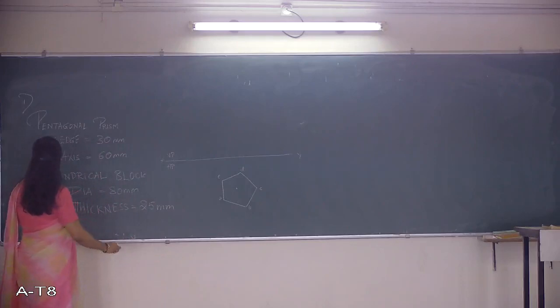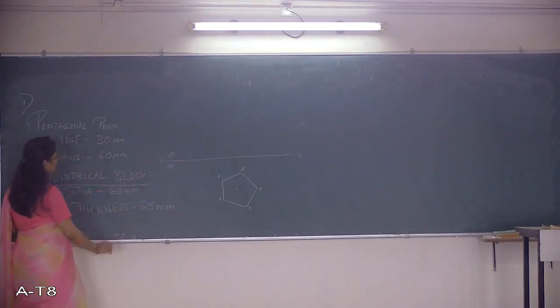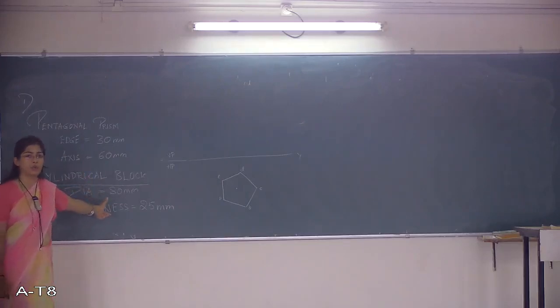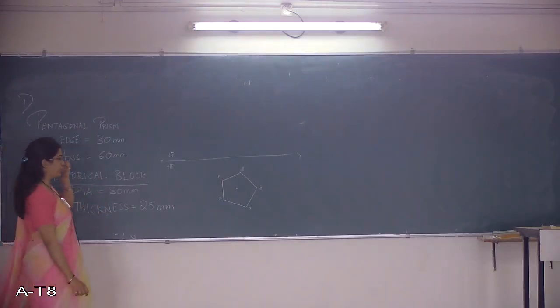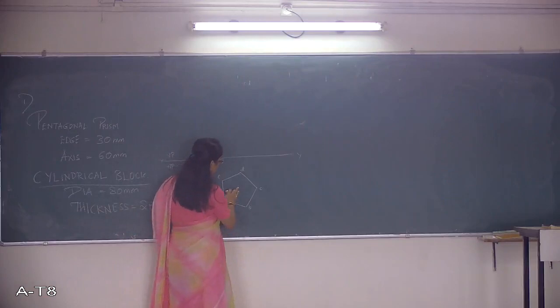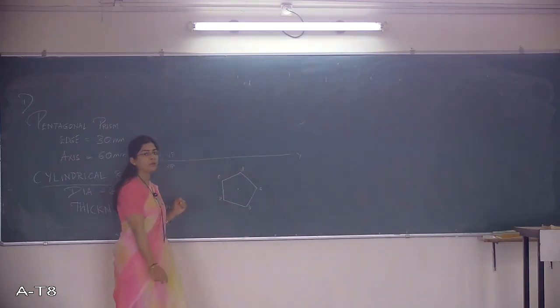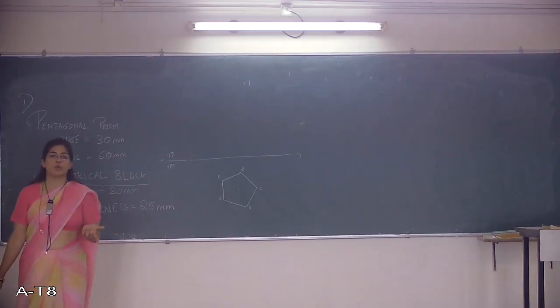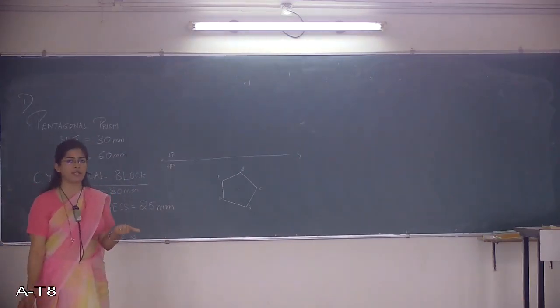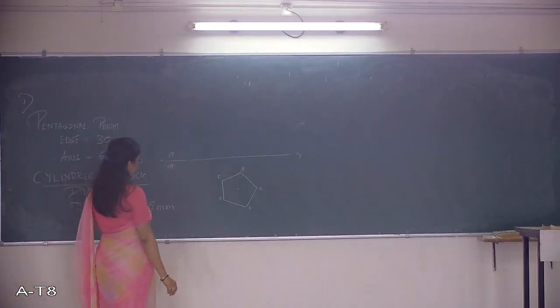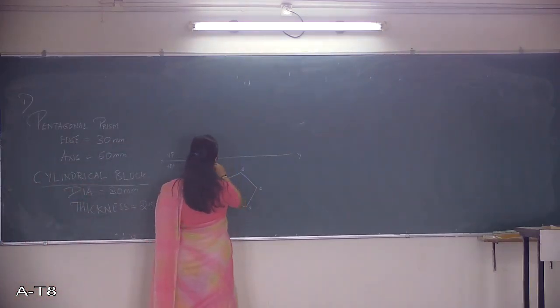Next, it is placed on a cylindrical block and it is placed centrally. That is, the center of this pentagon is coinciding with the center of the cylinder. So next, I am going to draw the cylinder. The top view of the cylinder will just look like a circle with a diameter of 80 mm. So taking the radius as 40 mm, I will draw the circle.